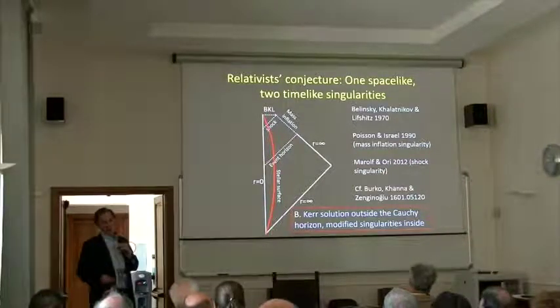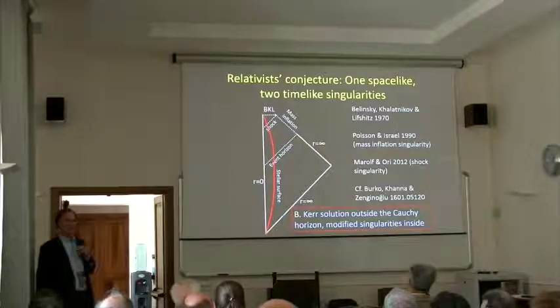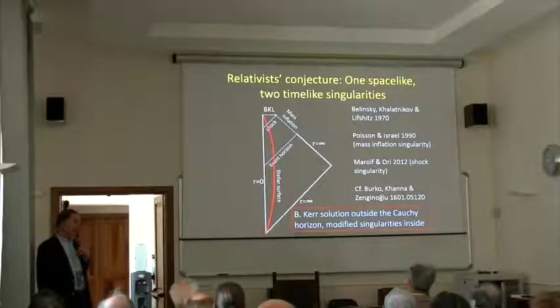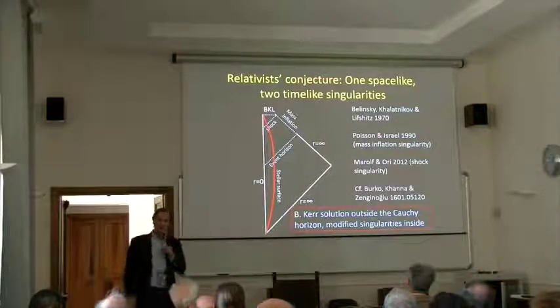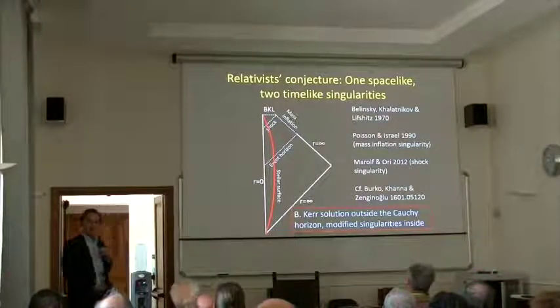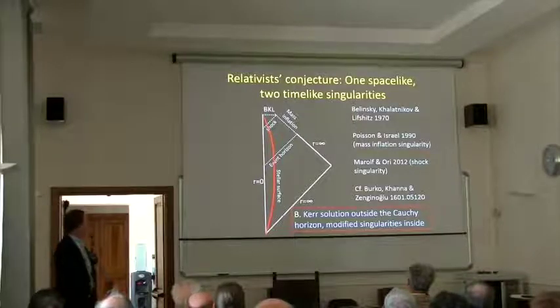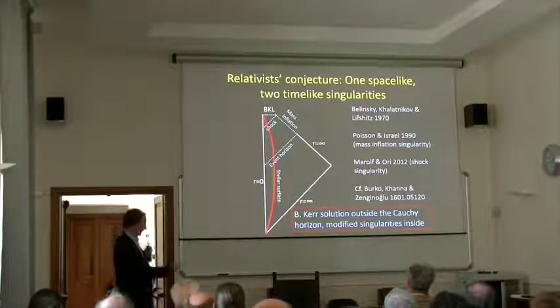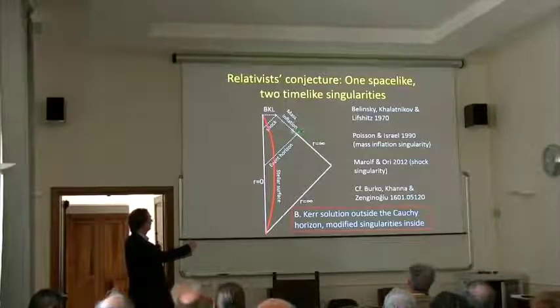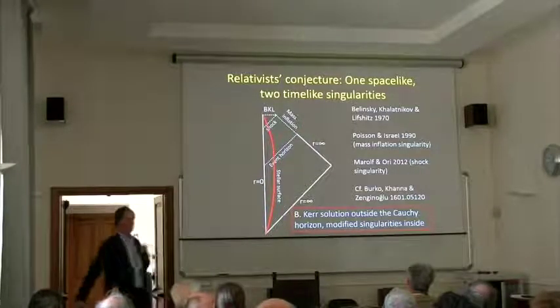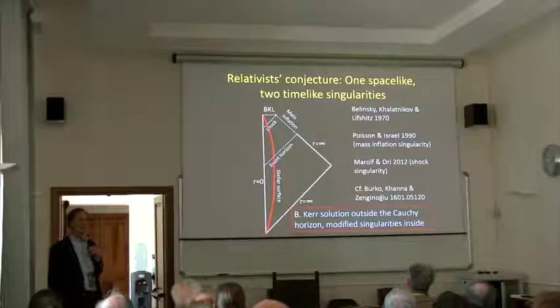And of course, we know in the context of cosmology that a large negative pressure modifies the geometry. The same is true within a black hole, and the result is a phenomenon called mass inflation that was diagnosed by Poisson and Israel, and it makes this null surface actually singular. The curvature diverges there.